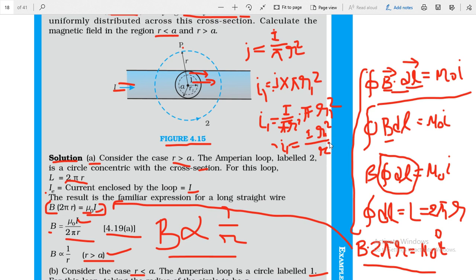So this is the amount of current flowing through the circle represented by dotted line. That is I1. I hope you understand this I1.